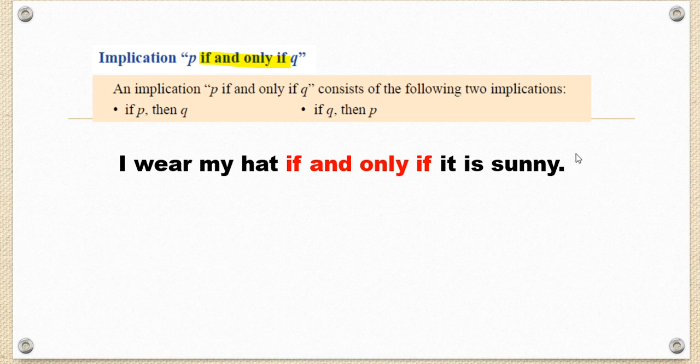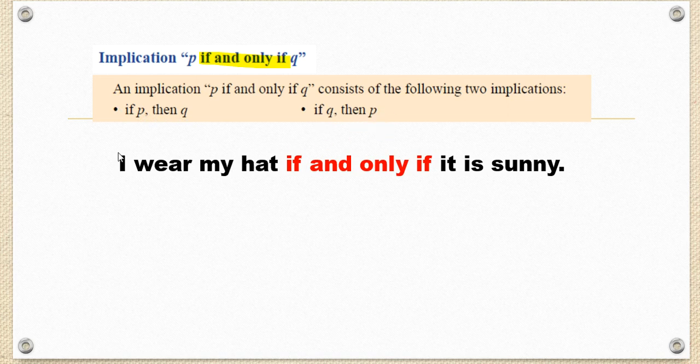If you see this if and only if, it consists of two implications. From this statement you can write down two implications: if P, then Q, or if Q, then P.